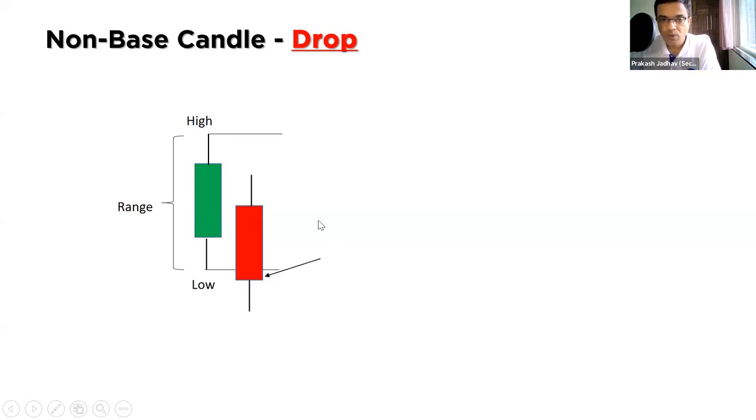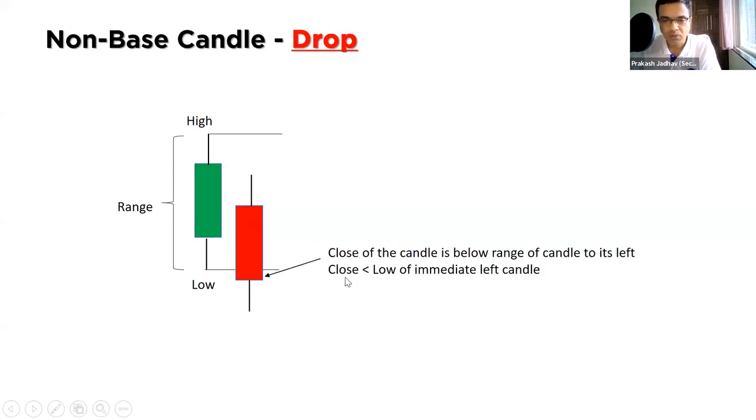Now this candle, as I said, closed below, so it's a drop candle. What if this candle has closed exactly at the low? If it is closed exactly at the low, then this becomes a base candle. But it has closed even 5 paisa below. It's a drop candle.